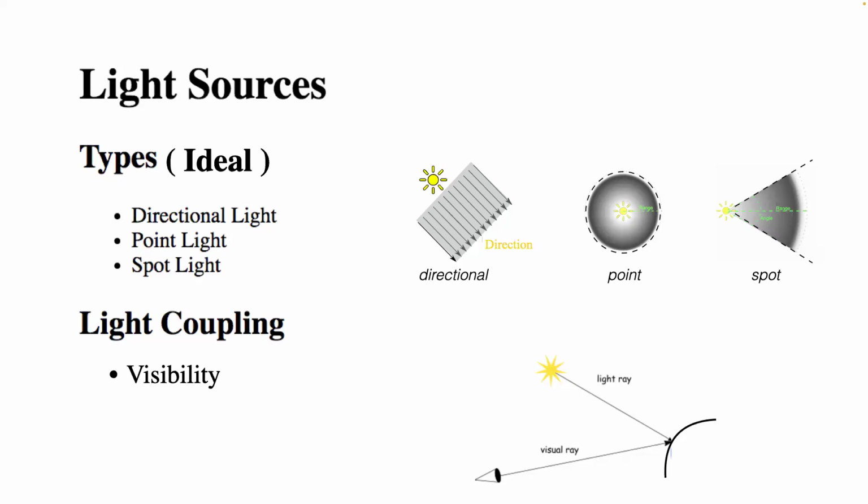Due to the Helmholtz principle, it's the same. Then we need to consider the visibility from the light source to a point on a surface, and from that point on a surface to the camera. When that happens, we say that there's a light coupling, and then there's a light transmission from the light source to the camera, right?